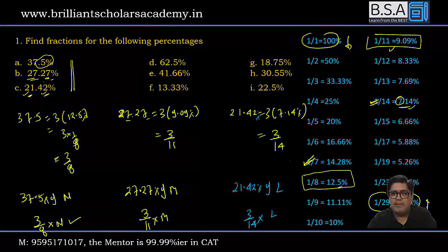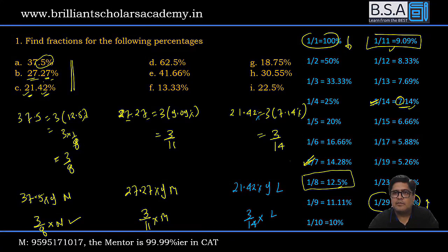A, B, C, all three are clear? Confirmation? Good. Only the first three. I requested you for only the first three.